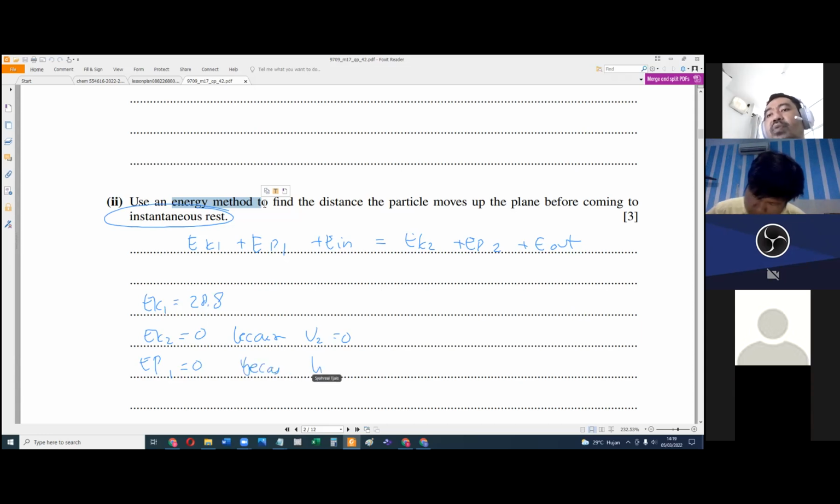There is no information about any force or friction, so energy input is 0 and energy output is also 0.